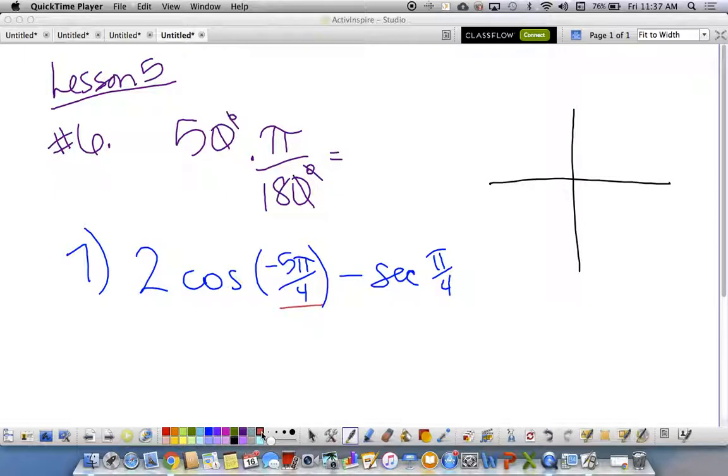Which direction am I going? Right there, I've gotten to negative 180 or negative 4 pi over 4, and I need to go up another. What's my reference angle? Pi over 4 or 45 degrees.